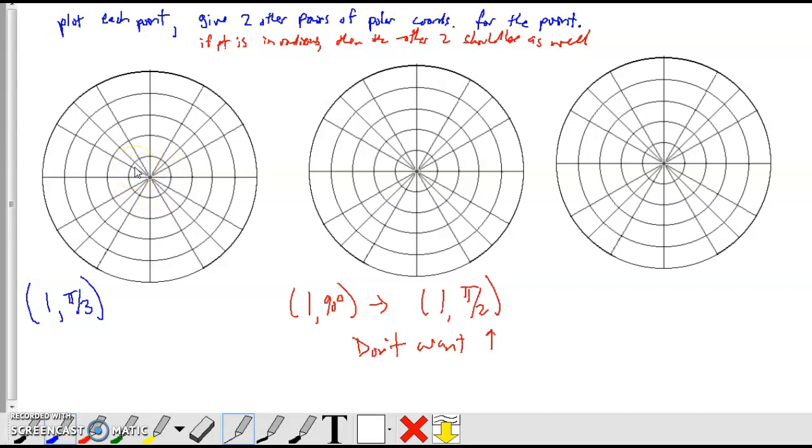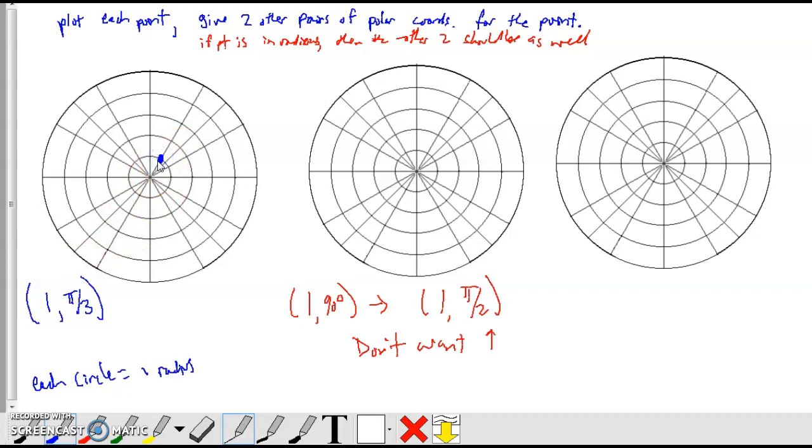You can always say one circle represents half of a radius. So if I were to plot pi over 3, that would be this line right here, and 1, meaning that I would go out 1. Okay, so there's my point.